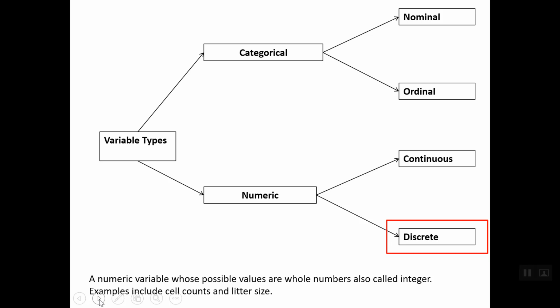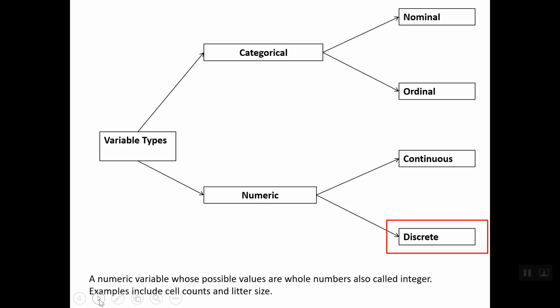Okay, moving on, we would have a numeric, and we will often divide them into continuous and discrete. A continuous is when you can have decimal points, so you can have 1.2, 1.3, 1.4, versus discrete where they have to be whole numbers.